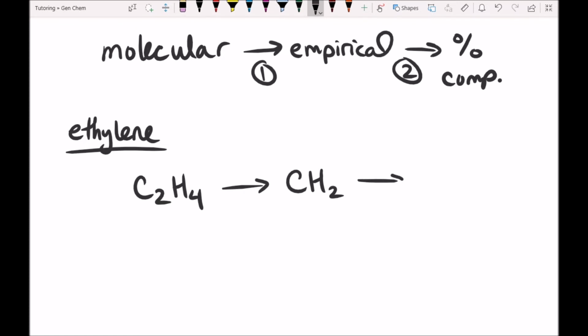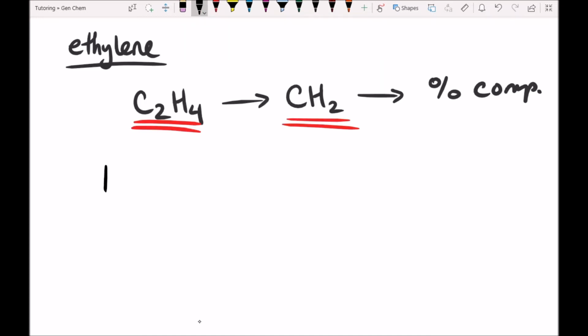And now we're going to see how to calculate the percent composition. The percent composition will be for ethylene, but we're going to be using the empirical formula to calculate it. But it will be identical for either C2H4 or CH2 because the percent composition is based on the ratio of carbon atoms to hydrogen atoms.